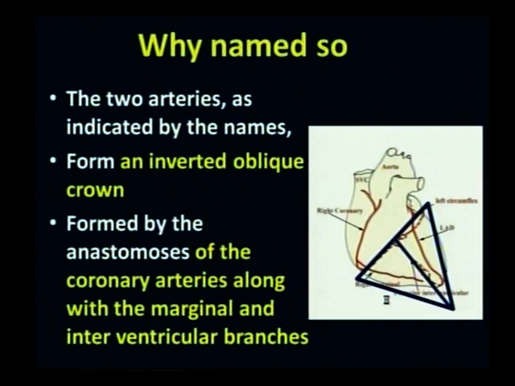The base of the crown is formed by the anastomosis of the coronary arteries and the interventricular branches, and on the sides are the marginal branches. They meet at the apex. Roughly it is like an inverted oblique crown, so they are called coronary arteries.